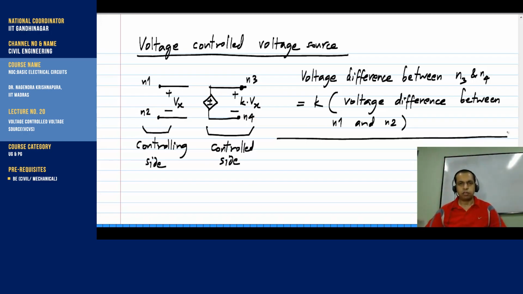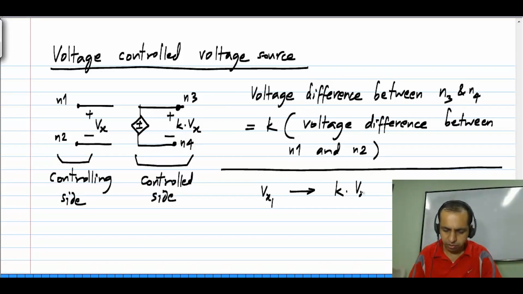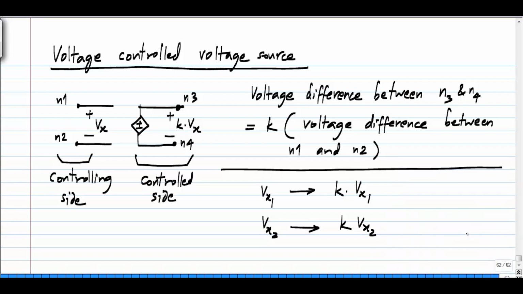Now, first of all, why is this linear? Let's say Vx1 is the controlling voltage. This results in a controlled voltage which is k times Vx1, and if Vx2 is the controlling voltage, it results in a controlled voltage k times Vx2. Now, let's say the controlling voltage is alpha times Vx1 plus beta times Vx2.